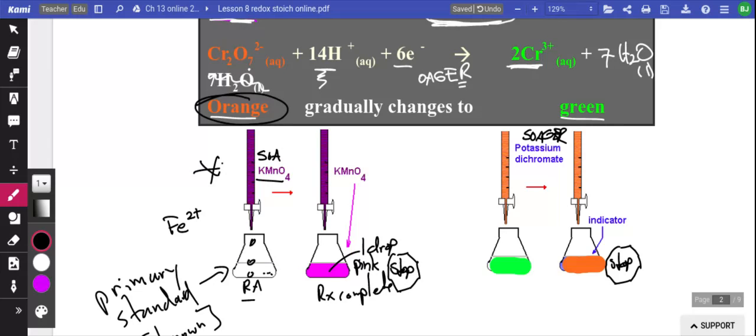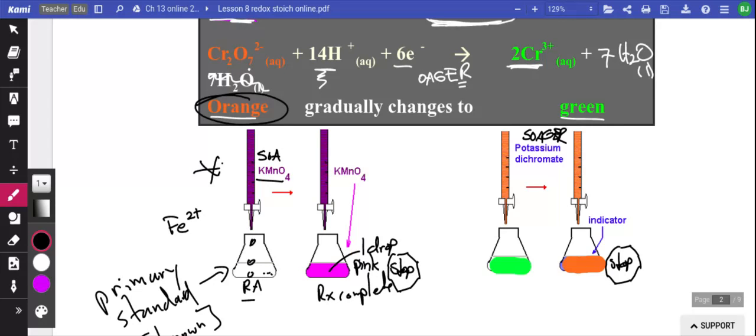It's acidified. We're adding the permanganate. It's reacting. It's an oxidizing agent gaining electrons and becoming colorless. So every drop, the purple disappears until the oxidizing agent has used up all the reducing agent, and then you stop. You get your final volume of your permanganate, and then you can do the titration.